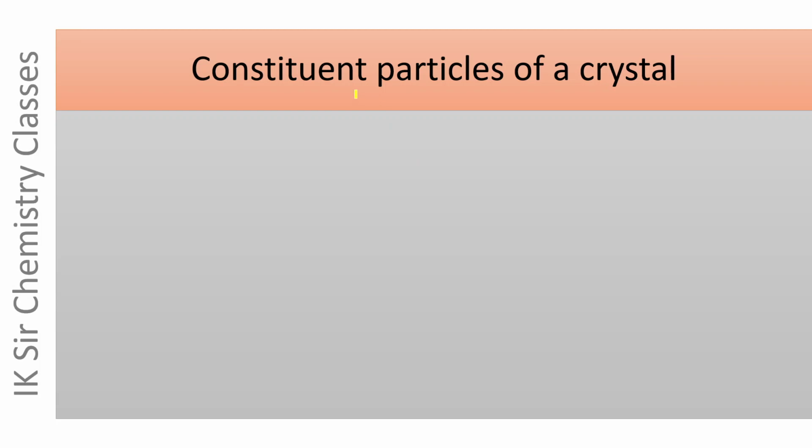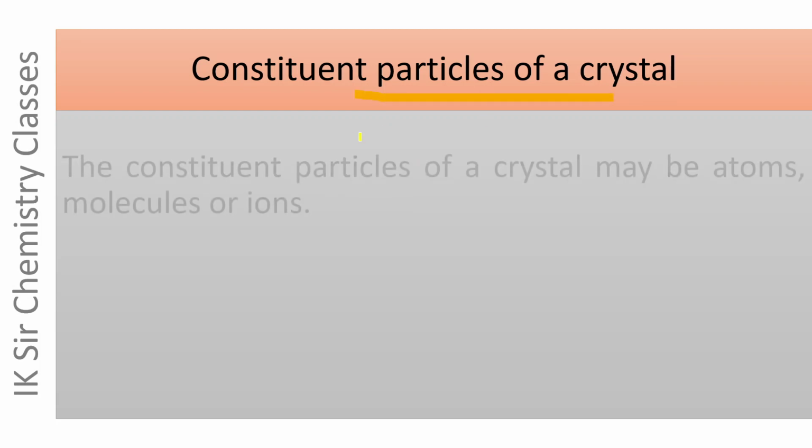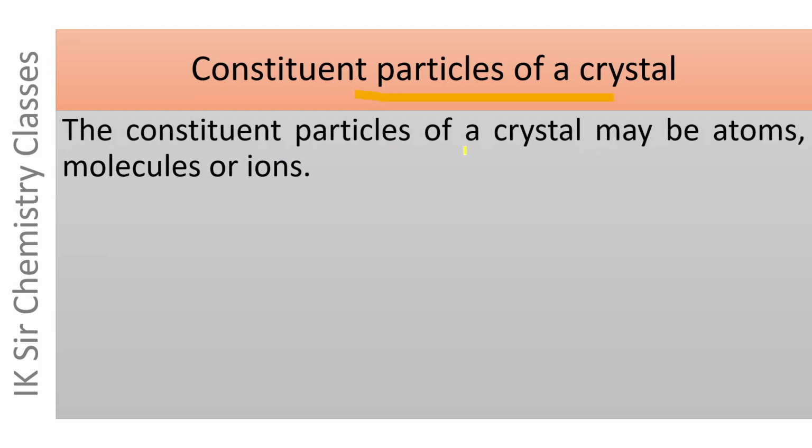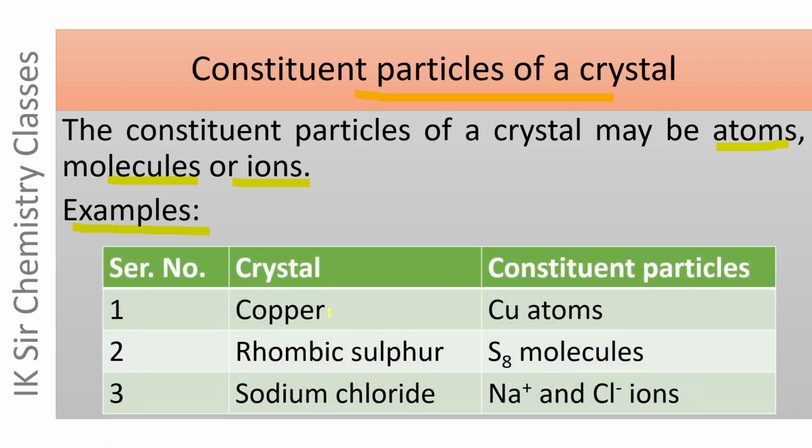Constituent particles of a crystal. The constituent particles of a crystal may be atoms, molecules, or ions. A few examples are given here. In the crystal of copper, the constituent particles are atoms.